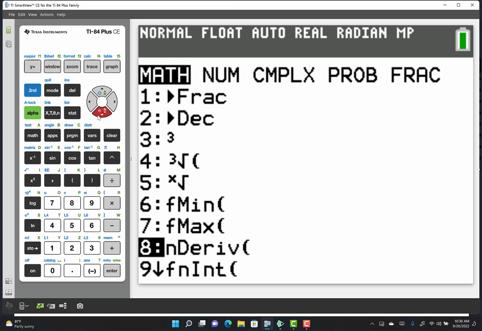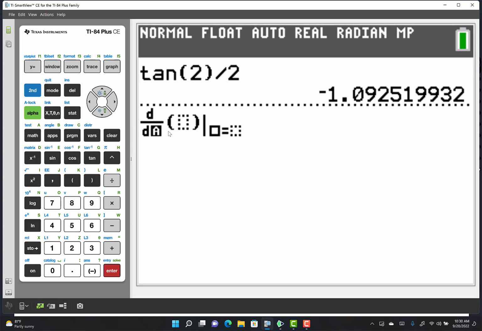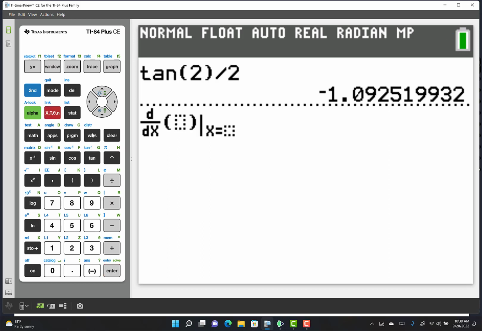Mine is number 8. Push enter. All of them have the new operating system, so all of them should look like that. Put an X. The X is next to the alpha key, so you don't have to push alpha X. So X like that. And then in here, put tan X, and then close the parenthesis, divided by X. So make it look like that.